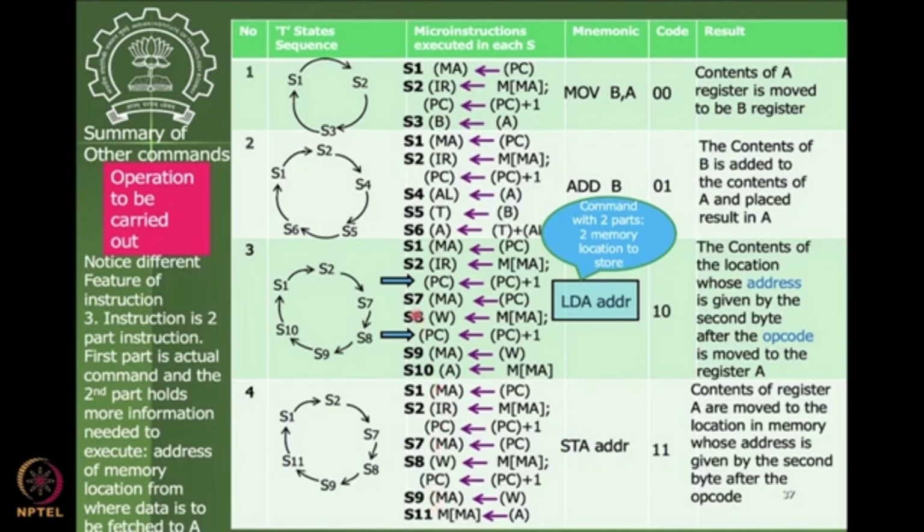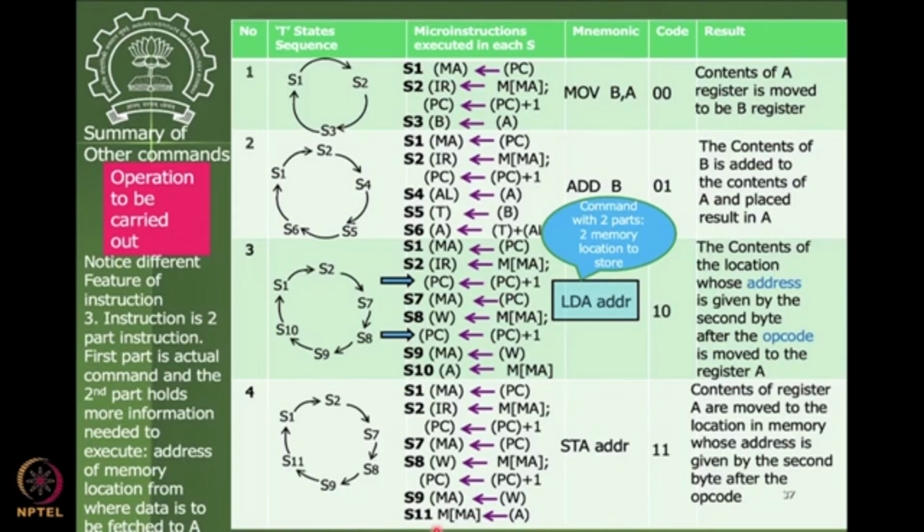Now up to here, there are 11 distinct states that we get. Remember, these are to be executed in one clock cycle each, the way we executed S1, S2, S3, S4 in our previous example. The same way this will happen now.